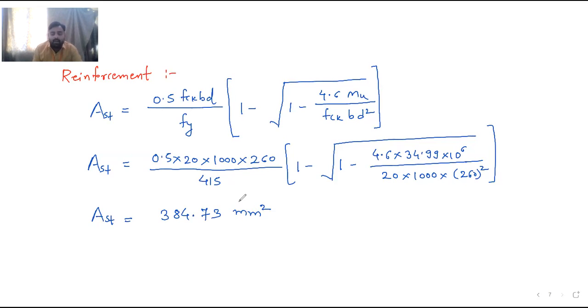Now assume 12 mm bar diameter and calculate the number of bars.